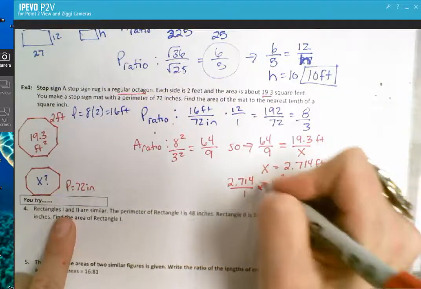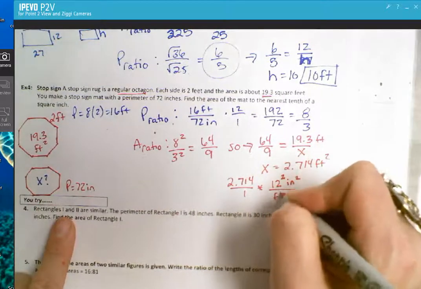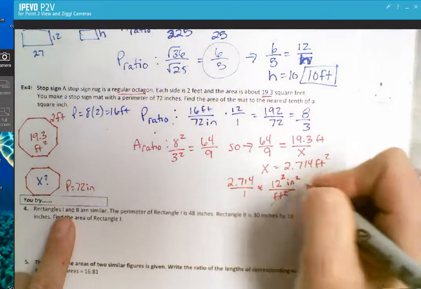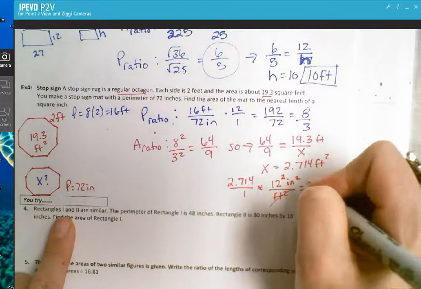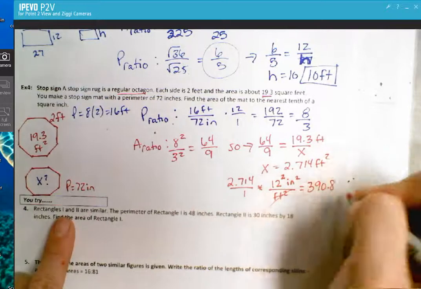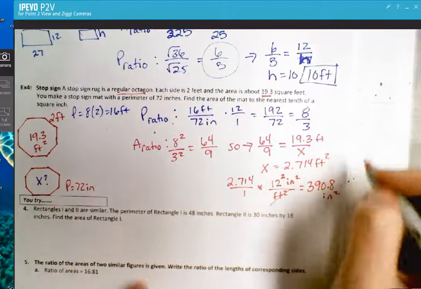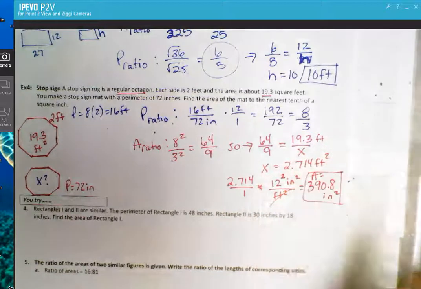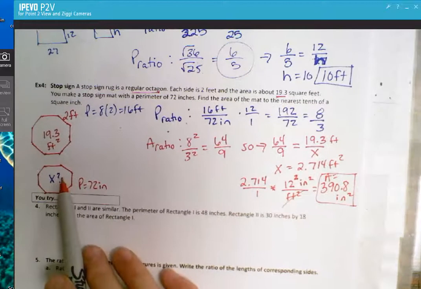And I'm going to divide out this feet squared that I had below, and that's going to cancel out my feet squared. So I'm going to multiply by 144, and I get 390.8 inches squared is the area of my smaller mat.